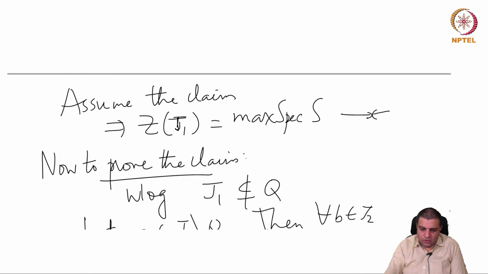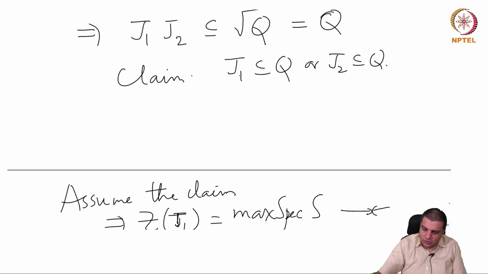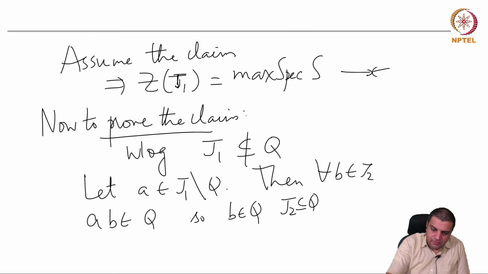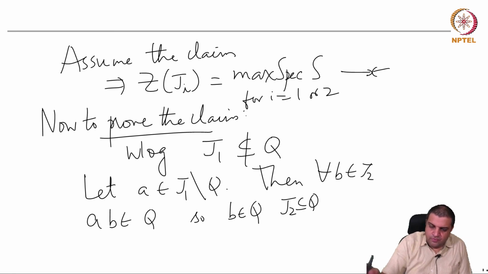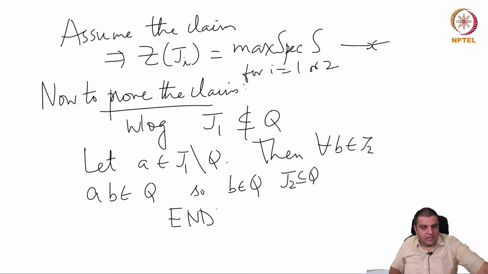But the claim leads to a contradiction because J1 is equal to Q or J2 is equal to Q, so Z of Ji is the max spec for some i equal to 1 or 2. It then remains to prove the claim, and the claim is quite straightforward. All that it uses is that there is one element inside J1 not in Q, therefore every element of J2 should be inside Q. So this is the end of this lecture.